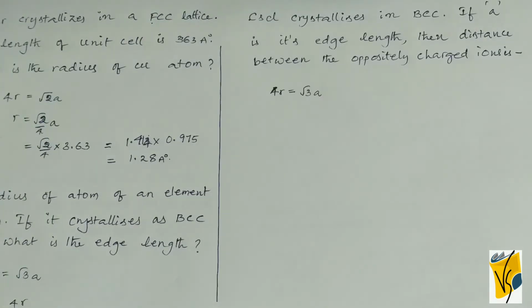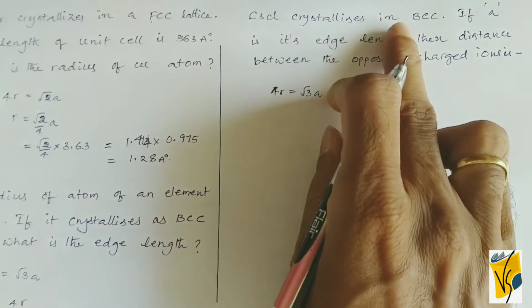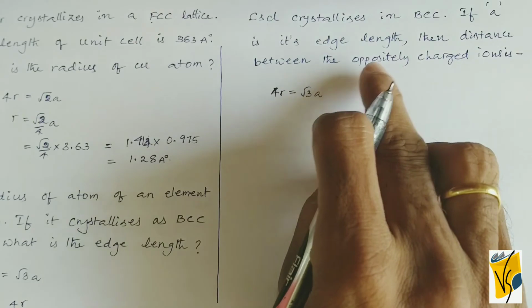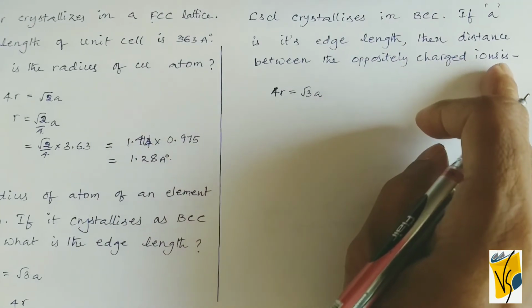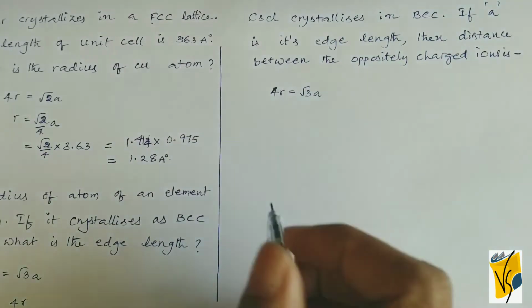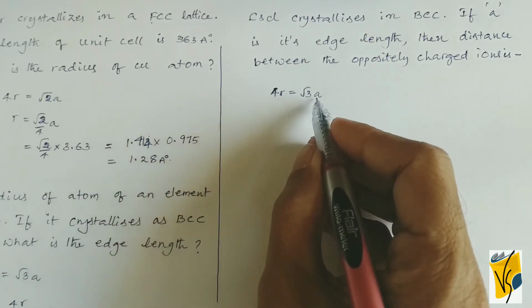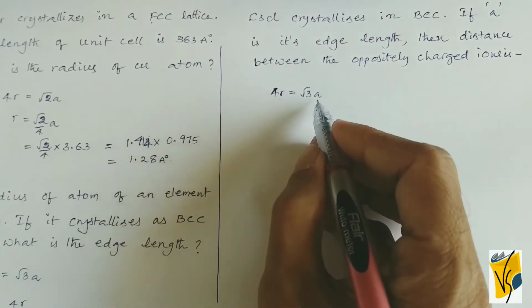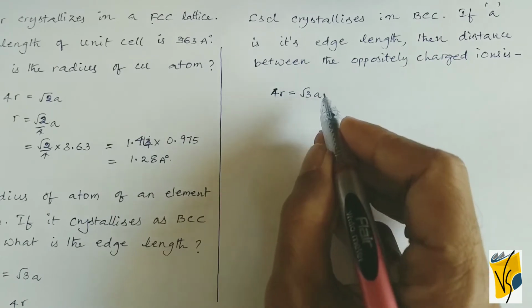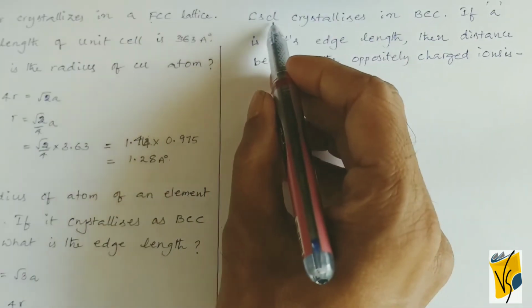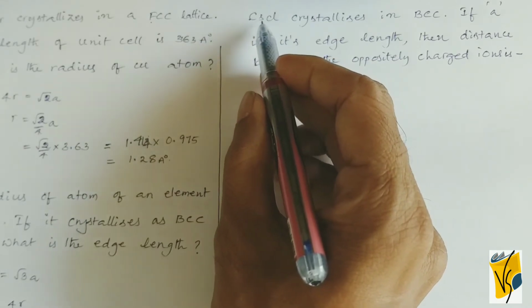Next problem. Cesium chloride crystallizes in body centered cubic. If a is its edge length, then what is the distance between the oppositely charged ions? We know in body centered cubic the radius is related to edge length as 4r is equal to root 3a. This is the formula that is applicable to a BCC formed by a metal, but here it is an ionic compound, right?